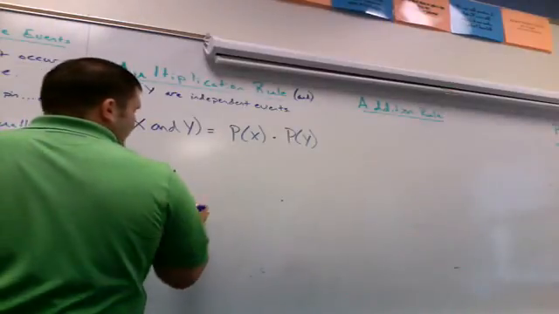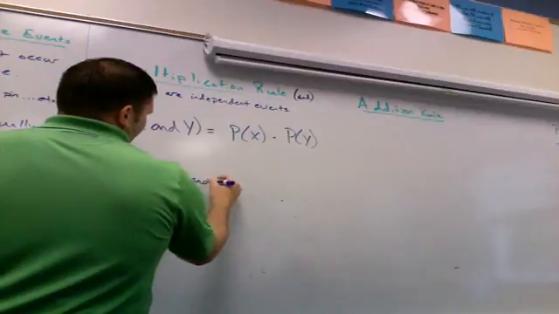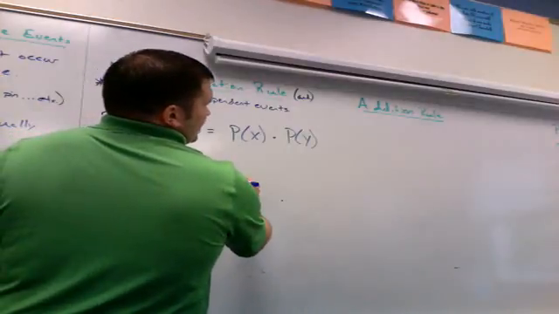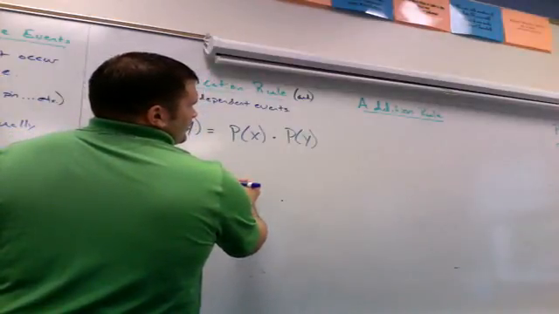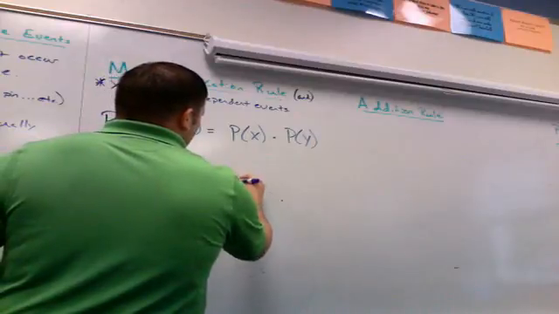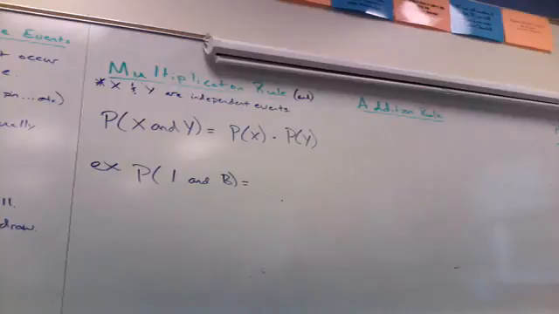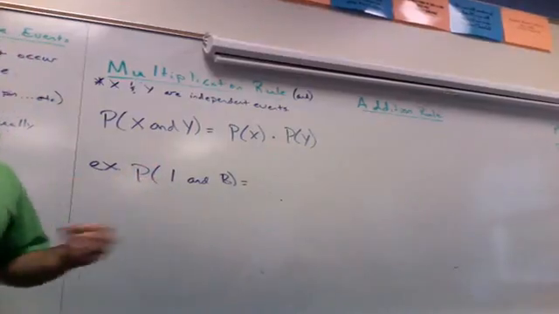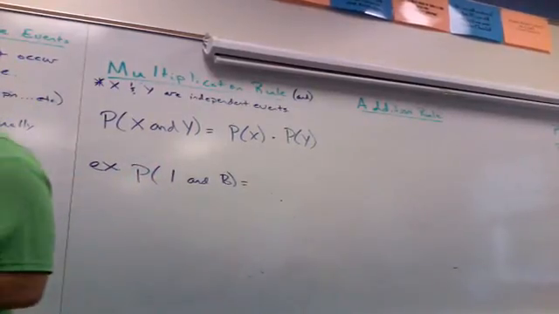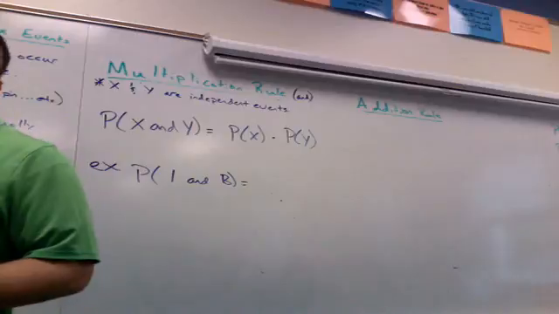Probability of rolling a 1 and spinning a B. Looking at my tables that we just made, our probability distributions, do we know the probability of 1? What's the probability of 1? 1/5, right?